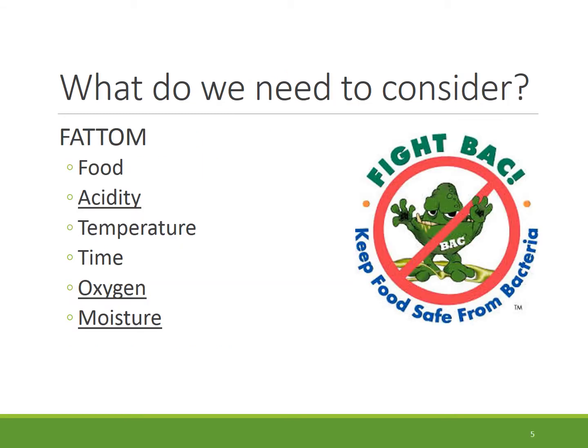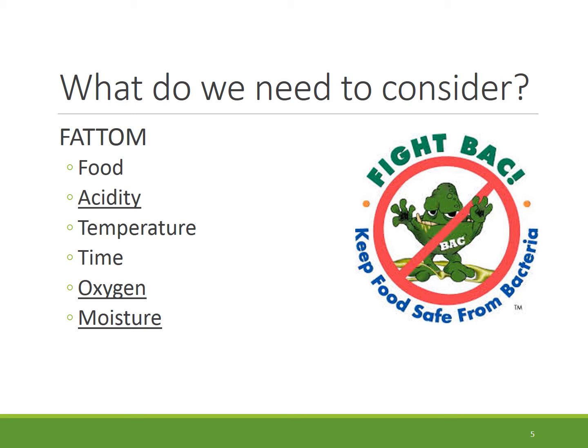We use the Fat Tom principles to consider the environment of the food product and the occurrence of bacterial growth. From here on out, we will need to qualify which of these are going to be the most important for which task. Immediately, we can disregard food because that is ultimately what we are talking about. 100% of the products that we will be talking about are food, so we can't really alter that.